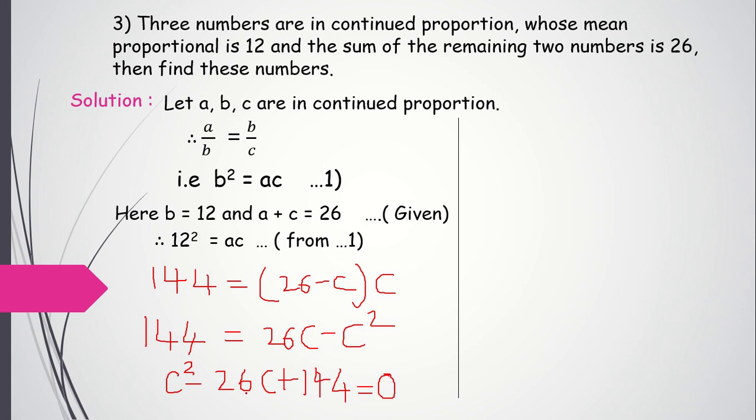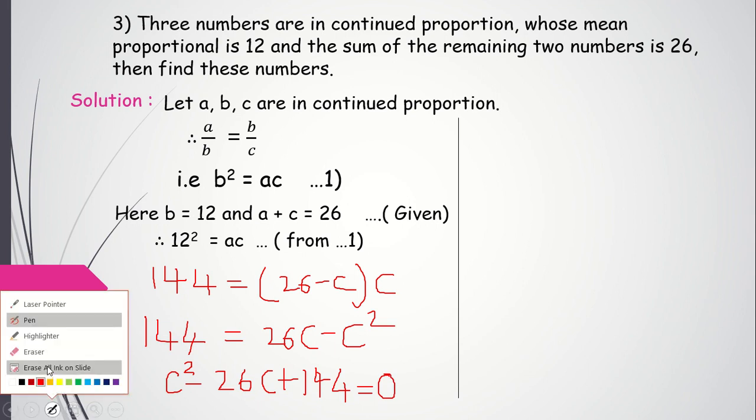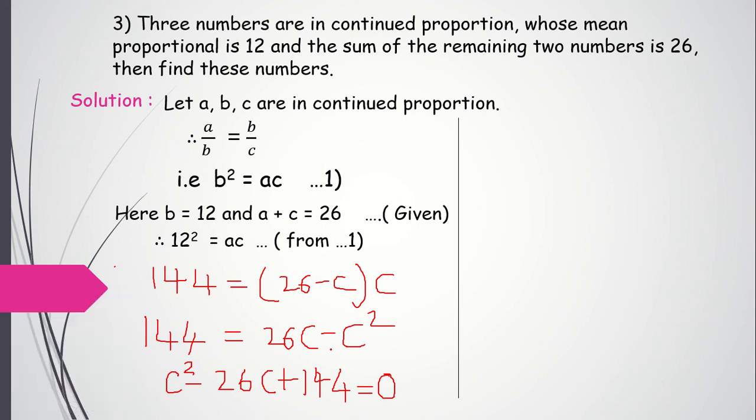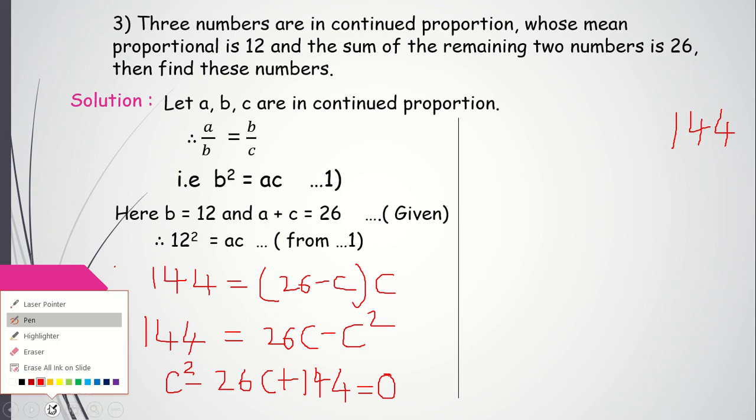We will factorize splitting the middle term and we will get the value of C. How do we factorize? We have to find the factors of this 144. Last term has got plus sign. So find the factors by adding, such factors which should give me, after adding, 26 in the middle. So let's see how we are going to do that.